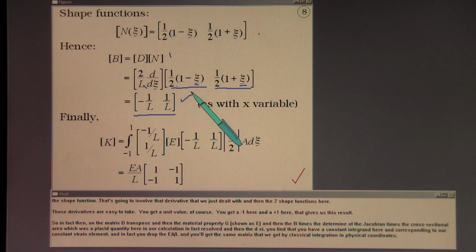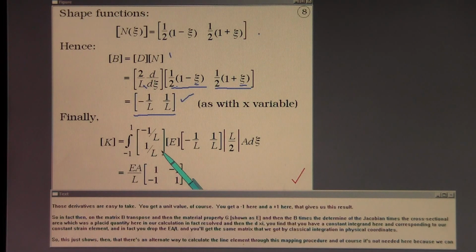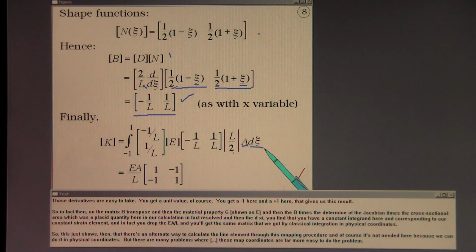So in fact, then, on the matrix B transpose, then the material property E, and then the B times the determinant of the Jacobian times the cross-sectional area, which was a constant quantity here in our calculation and factors out, and then the dξ, you find that you have a constant integrand here corresponding to our constant strain element, and you factor out the EA over L, and you'll get the same matrix that we got by classical integration in physical coordinates.